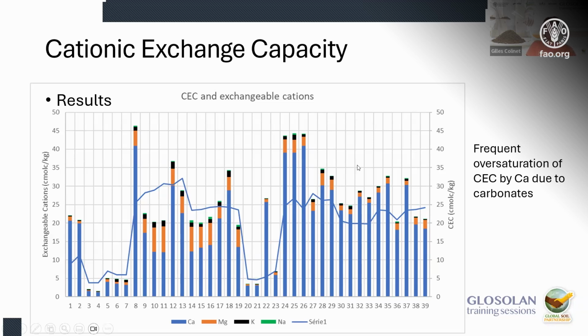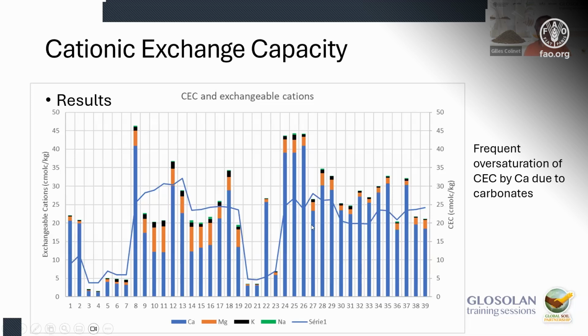So here you will find the sum of the cations, and the line here is the cationic exchange capacity. They are both with the same scale. So it means that if the sum of the bases is over the CEC, you have an oversaturation, and usually it's linked to the blue bar.